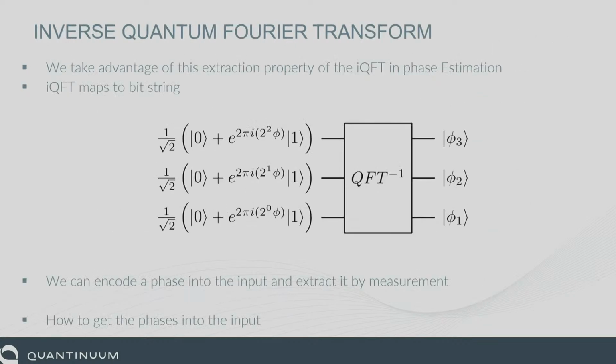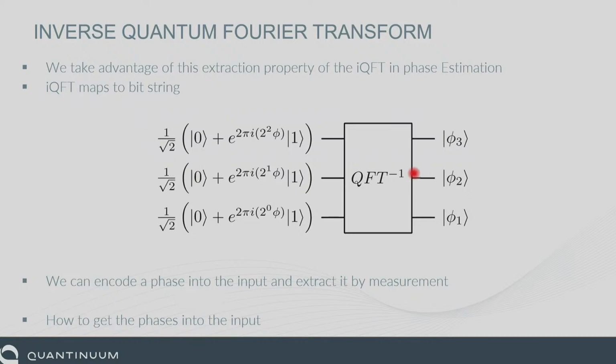But the real light bulb moment happens when you think that if you have an input state for a given phi in this form, because this is the Fourier basis, the quantum Fourier transform will map from that to the bit string.